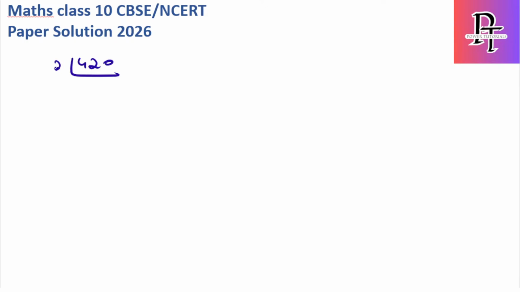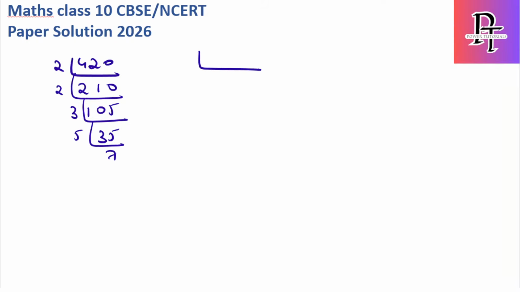420, I will write it as 2 ones are 2, 2 twos are 4, 2 ones are 2, 2 0, and again 2, 2 ones are 2, 2 0 5, and then 3 table, 3 3s are 9, 3 5s are 15, again 5, 5 7s are 35. What about the next one, which is 504?